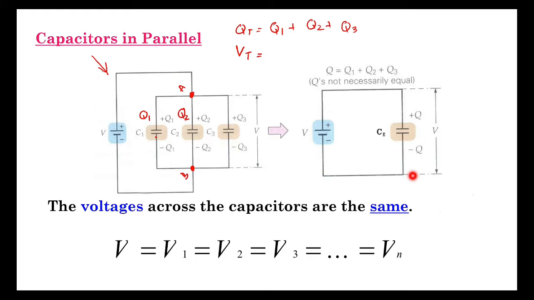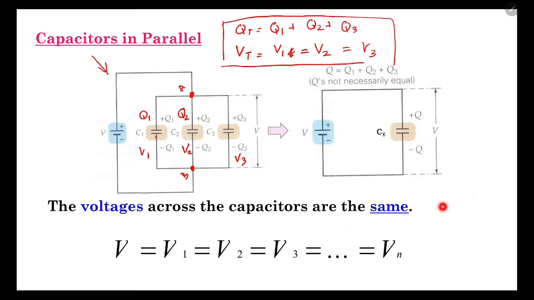So we have V total equal to V1, which is the potential at C1, and equal to V2, which is the potential at capacitor 2, and equal to V3, which is the potential at C3. Okay, so this one is the basic knowledge about capacitors in the parallel circuit.